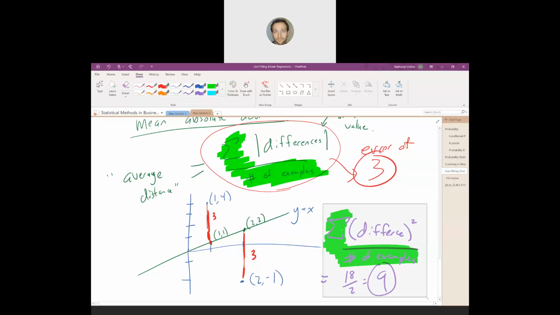And as we talked about here, it's important that you're taking the absolute value. There's a reason why you're doing that. In particular, it's because you don't want to cancel out errors when points are above or below the line. These would cancel each other out because one would be +3 and the other would be -3. So those would cancel each other out. Or you can square it, and that also gets rid of negatives.